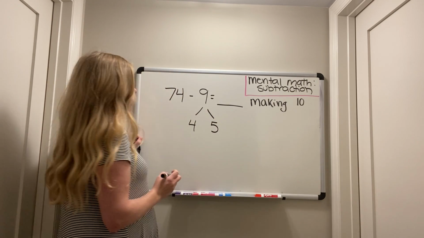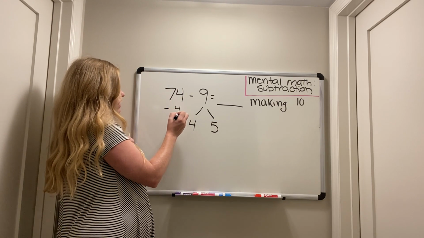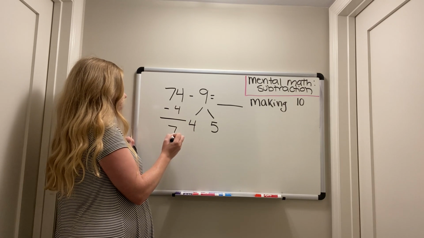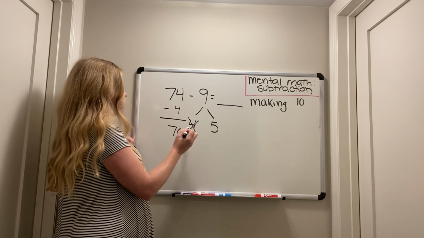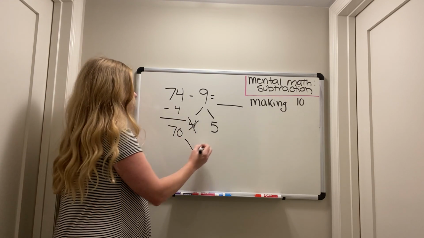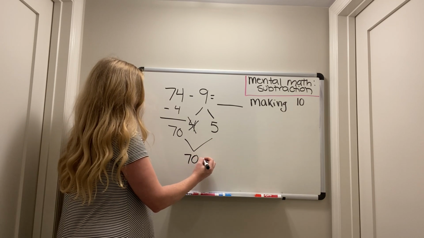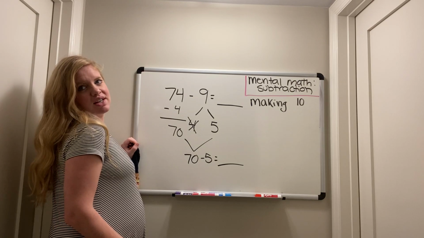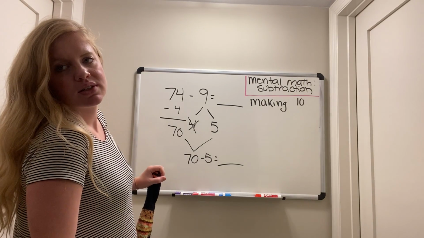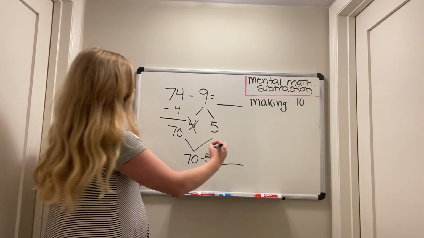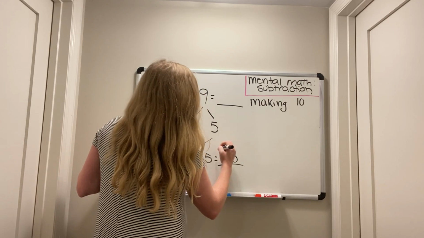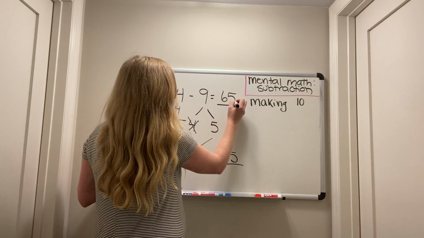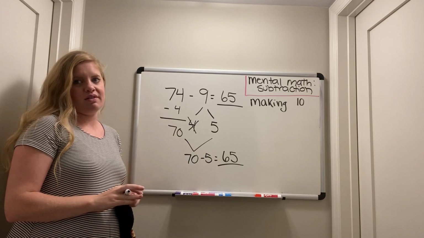Very good. Now 74 minus 4 is 70, and we have this 4 taken care of. Now we have these 2 numbers, and 70 minus 5 is a pretty simple math fact. 70 minus 5 is what? 65, you got it. So our whole answer is 65.